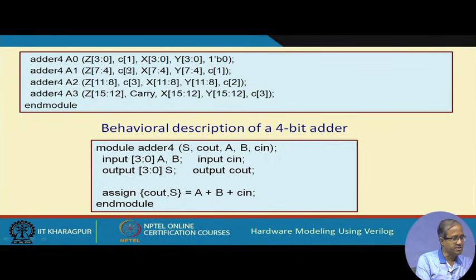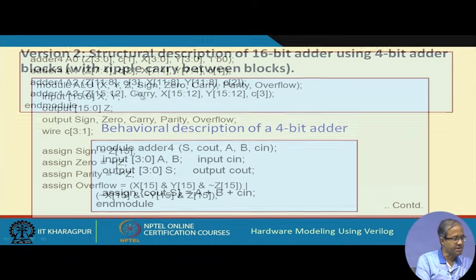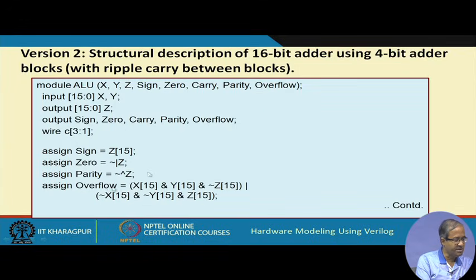Here the carry out is C2, for the next adder C2 is the carry in, C3 is the carry out, for the next one C3 is the carry in, and the final carry out is carry. Okay. This is how the carry is generated, because here we have not shown the carry, carry will be generated like that, sign, zero, parity and overflow are shown.